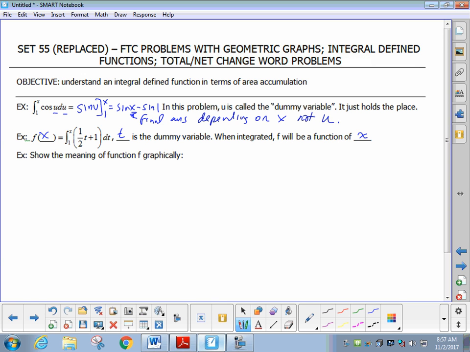Now, this right now is a whole bunch of symbol fish. With a graph, you'll start to see what this actually means. If I showed the meaning of f graphically, then I know an integral is area under a curve. In this case, it's the curve 1/2 t plus 1.